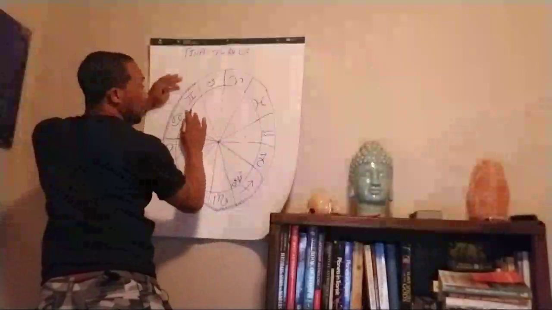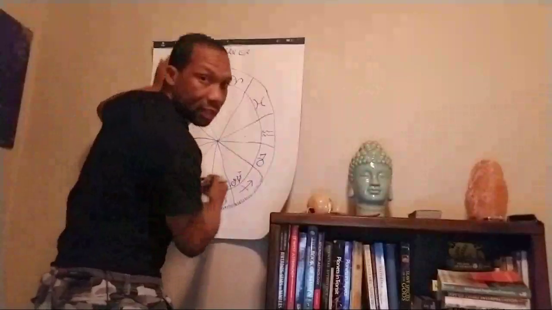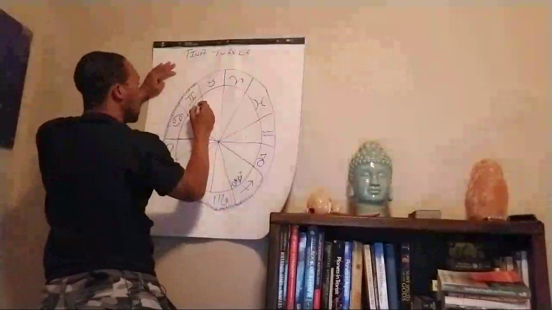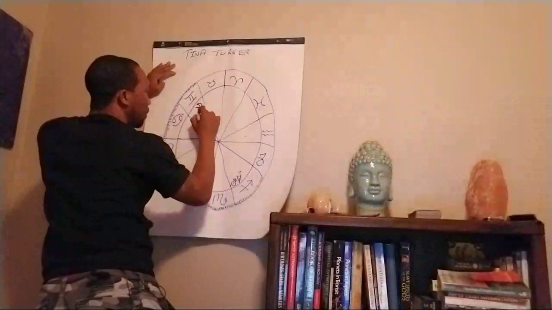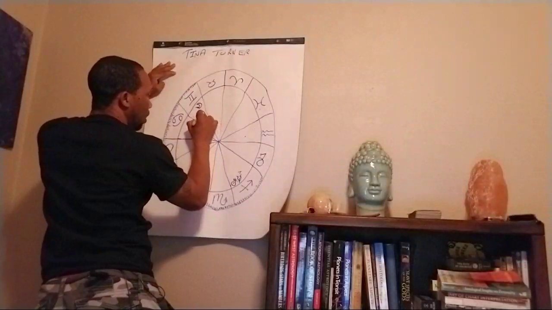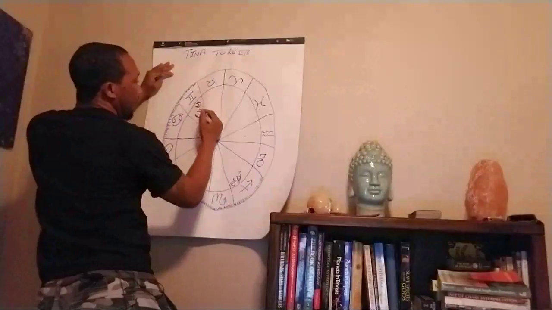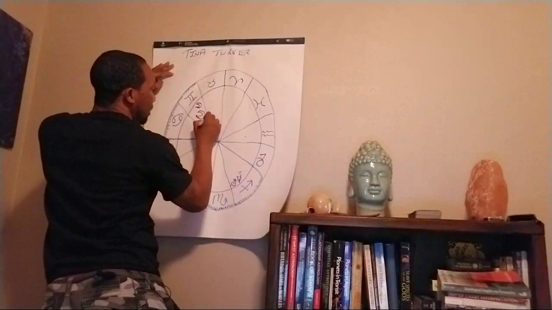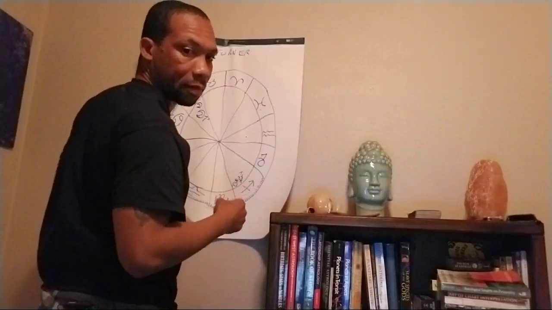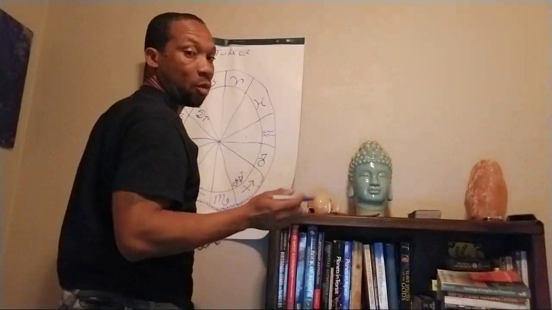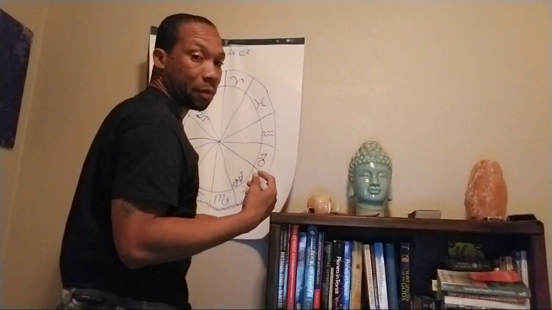She has a moon in the sign of Gemini at the 7th degree. So we're going to draw the moon like this. Let me draw it a little bigger so you can see. She has a moon in the sign of Gemini at 7 degrees. Okay? At 7 degrees. And what is her moon sextile to?